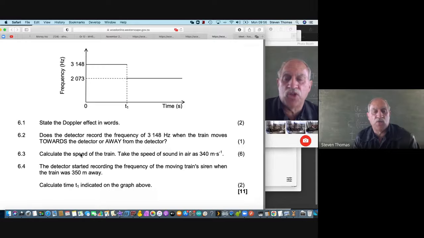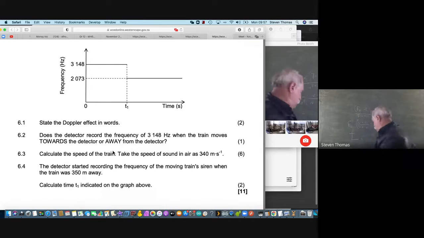So once you've worked out the speed of the train, and if you've got speed and you've got distance, you can work out time. Remember, once you worked out the velocity here, you got the velocity of the train. This formula comes in all the time.